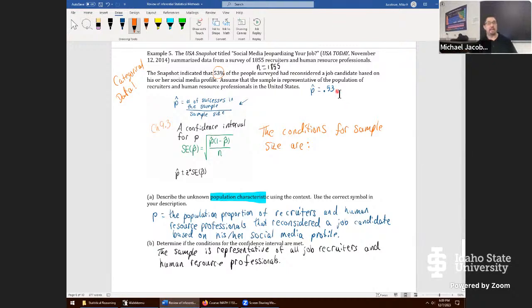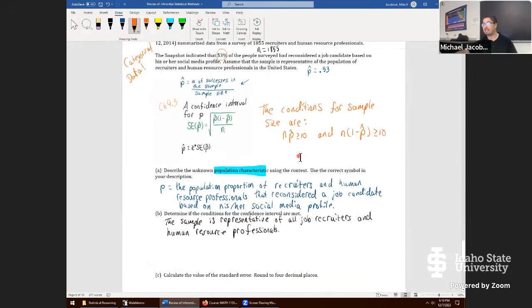They just gave us a statistic, p hat. This is where you'd probably want to use this formula. Check that n times p hat is greater than or equal to 10, and n times 1 minus p hat is also greater than or equal to 10. So we have to convert to these formulas in this situation.